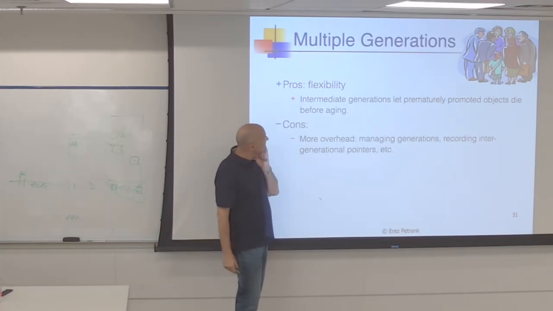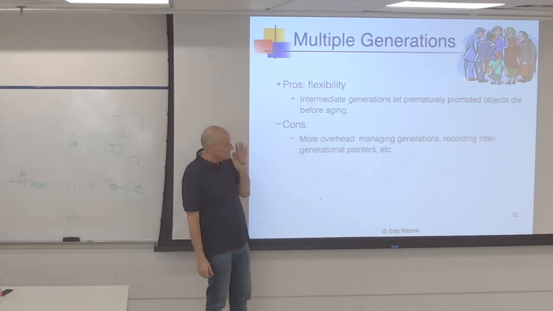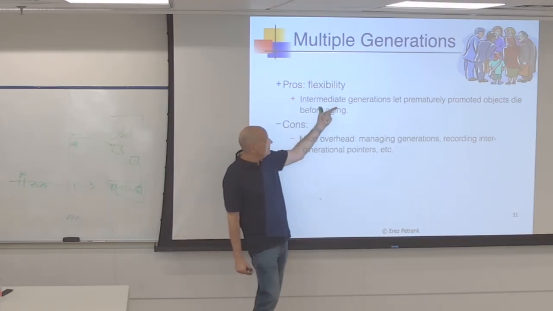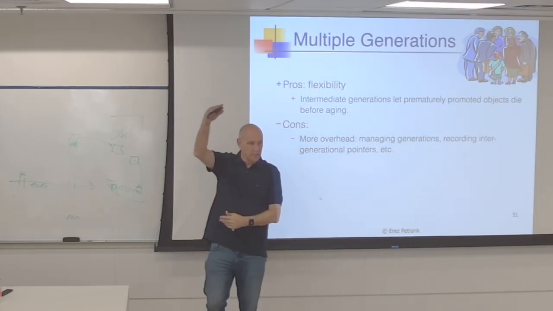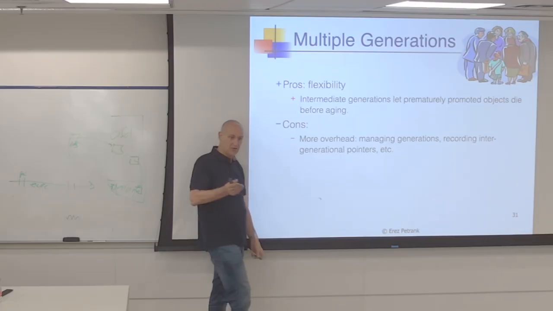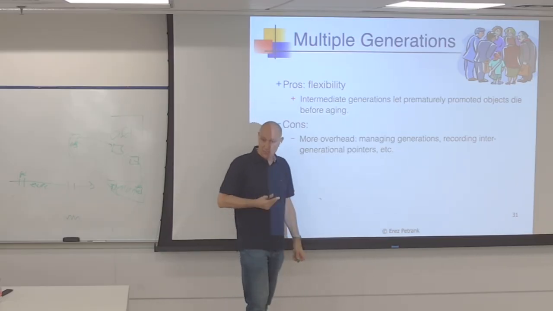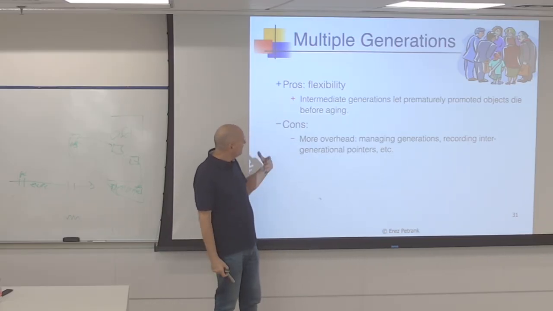There has been some work on multiple generations. Like I said, someone did 7 generations. The good thing is that in the intermediate generations, you can let objects die before they dirty the old generation with dead objects that you do not reclaim.